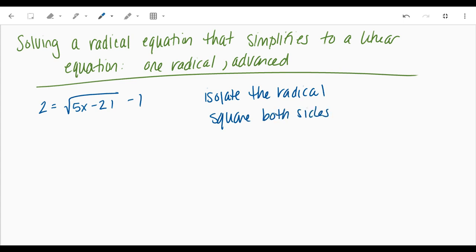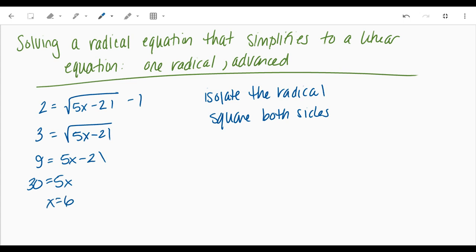Okay, so we're going to get that 1 out of there. So we'll have 3 is the square root of 5x minus 21. Okay, and then if we square both sides, we'll have 9 equals 5x minus 21. Okay, and then it's just a simple linear equation to solve. So 30 would equal 5x, so x would equal 6.